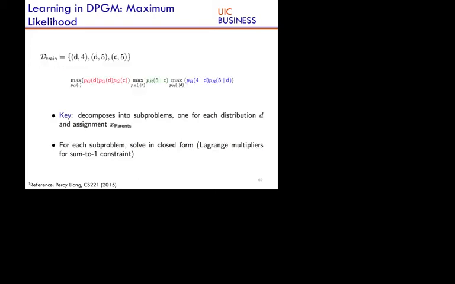So how does maximum likelihood look? We have already seen how it looks because we were computing counts for individual conditional distributions.